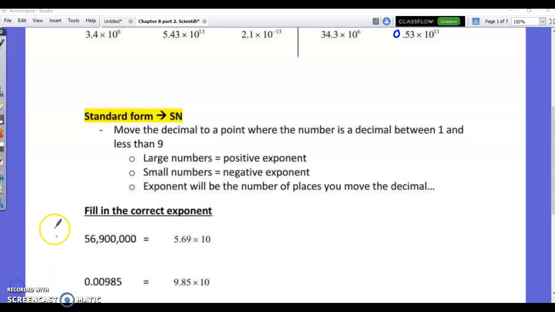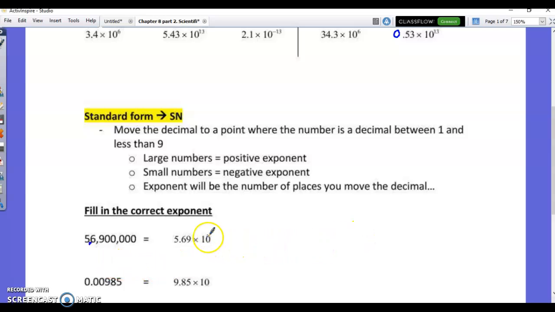56,900,000. And I look at this number, and to make this number between 1 and 10, we put the decimal point there. Now, the decimal point in a whole number is always at the end of wherever it is if you don't see it, right? So we need to move this decimal point between there, and we can call this 5.69, and we can drop the rest of these zeros. We don't put those zeros in the final answer, because our goal is to make this number more manageable.